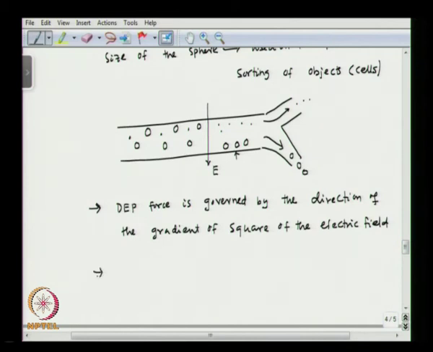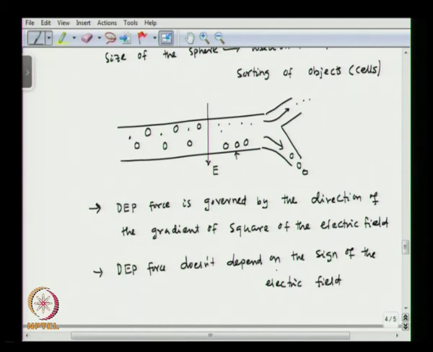So even though the dielectrophoretic force will not depend on the sign of the electric field, it will depend on the gradient of the square of the electric field, okay. And the other important observation is that the DP force does not depend on the sign of the electric field, okay.